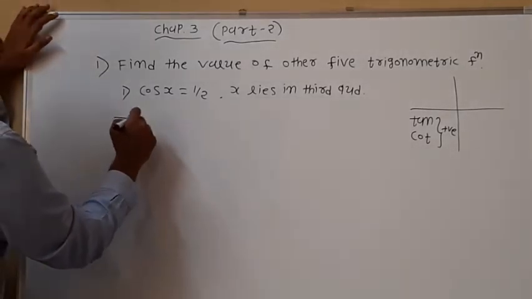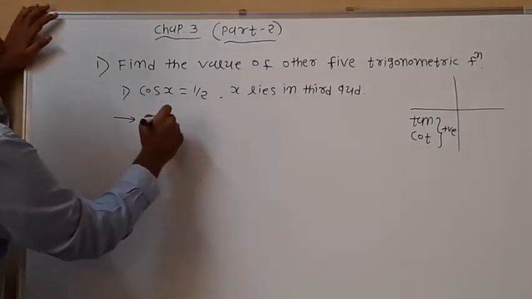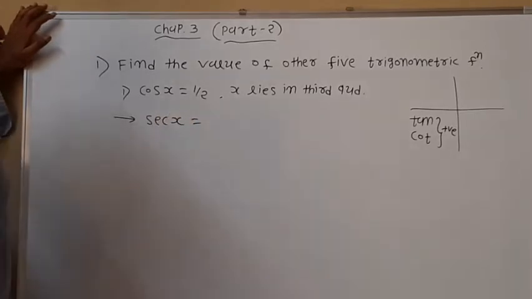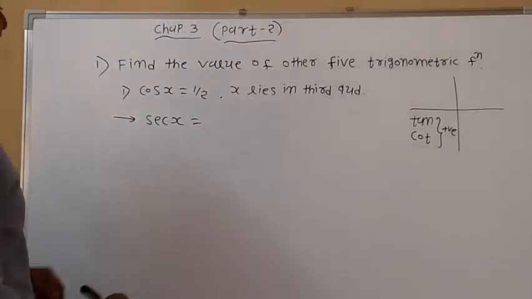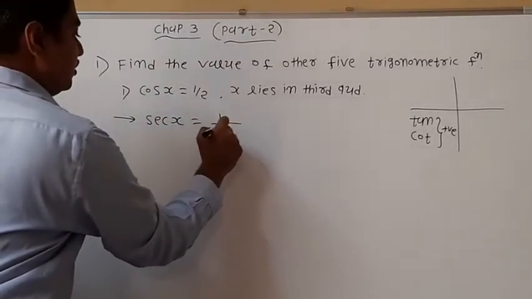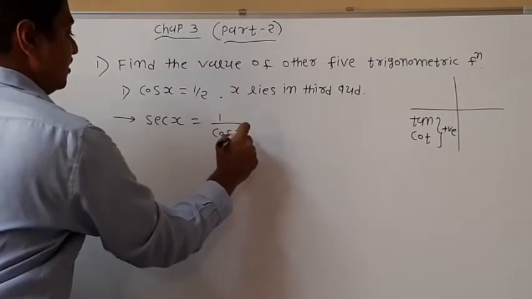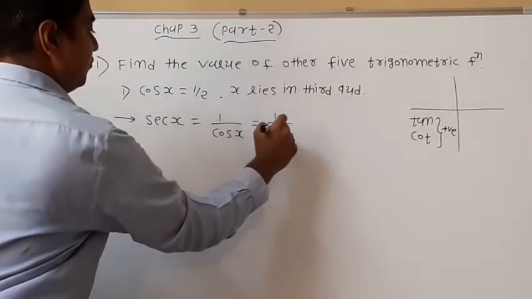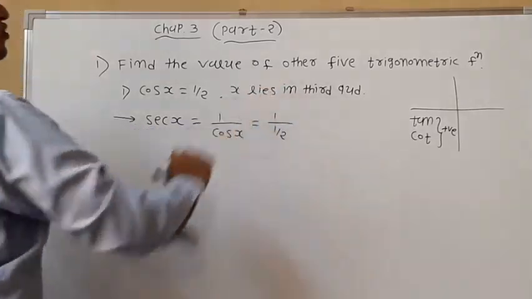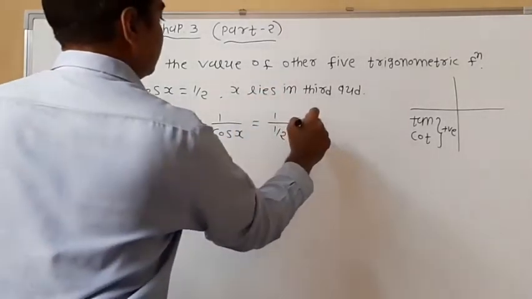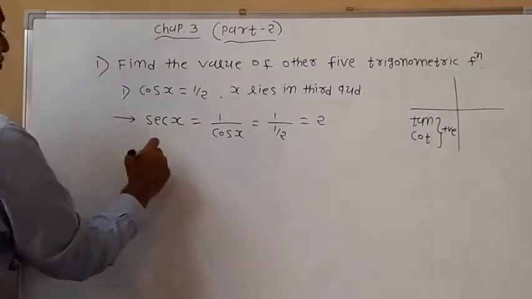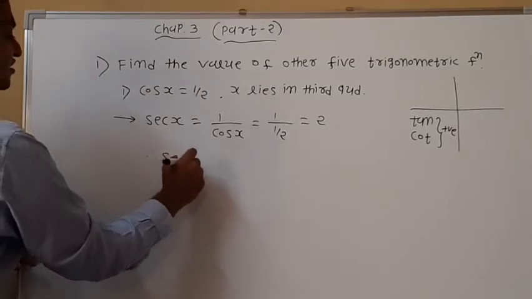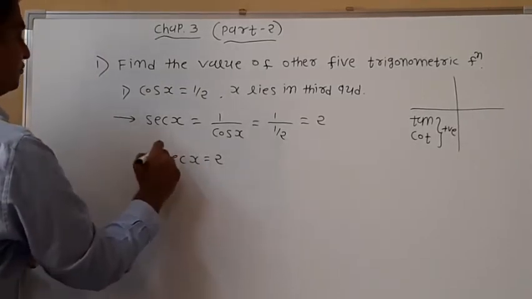Using this result, first find the value of sec x, which is 1 upon cos x, equal to 1 upon 1 by 2. Now 2 goes in the numerator, so we get sec x is equal to 2.